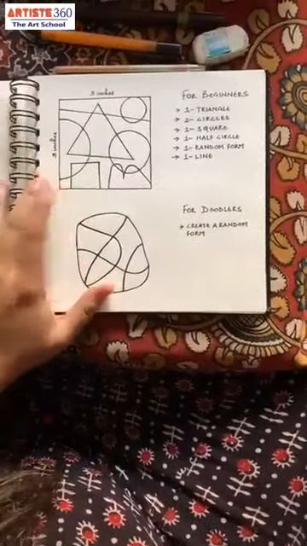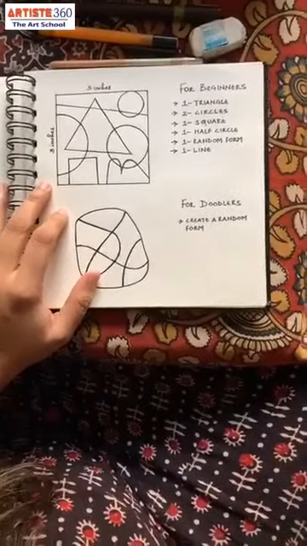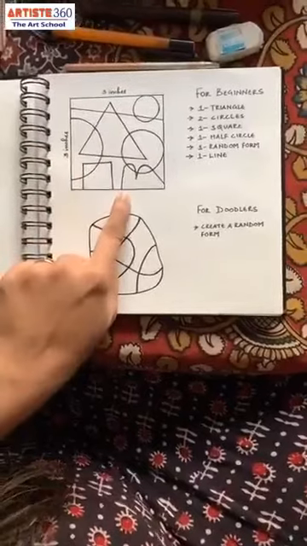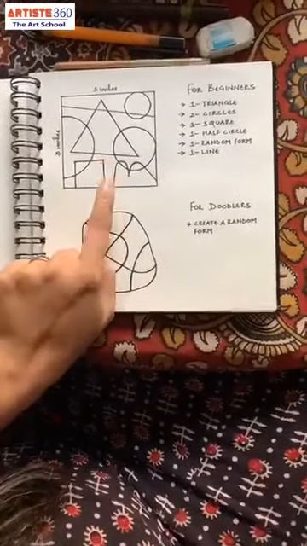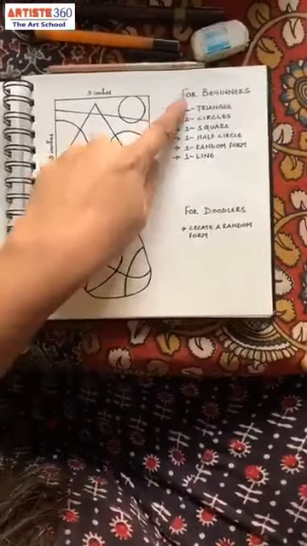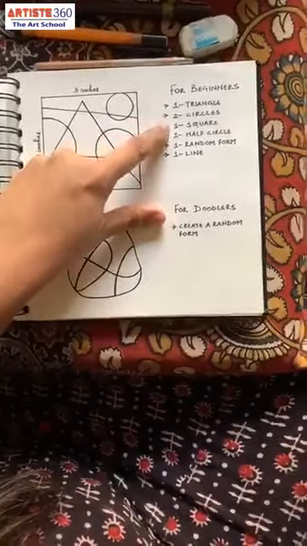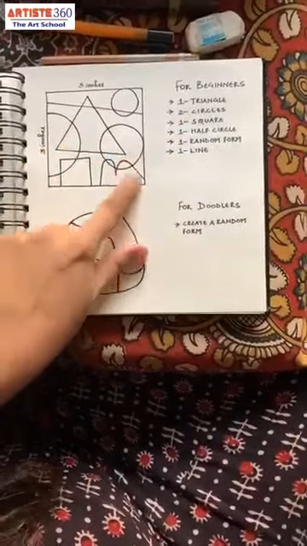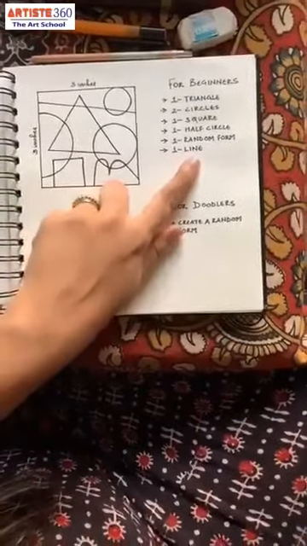Your second step is this. Now, if you are a beginner, you please make a 3 inch by 3 inch square. And what you need to put in the square are these things: one triangle, two circles, one square, one half circle, one random form, an abstract form, and one line.